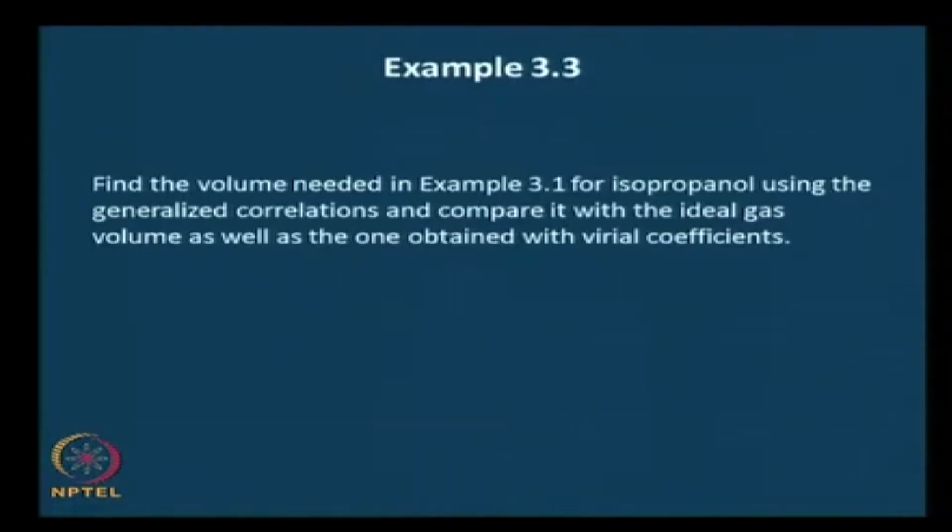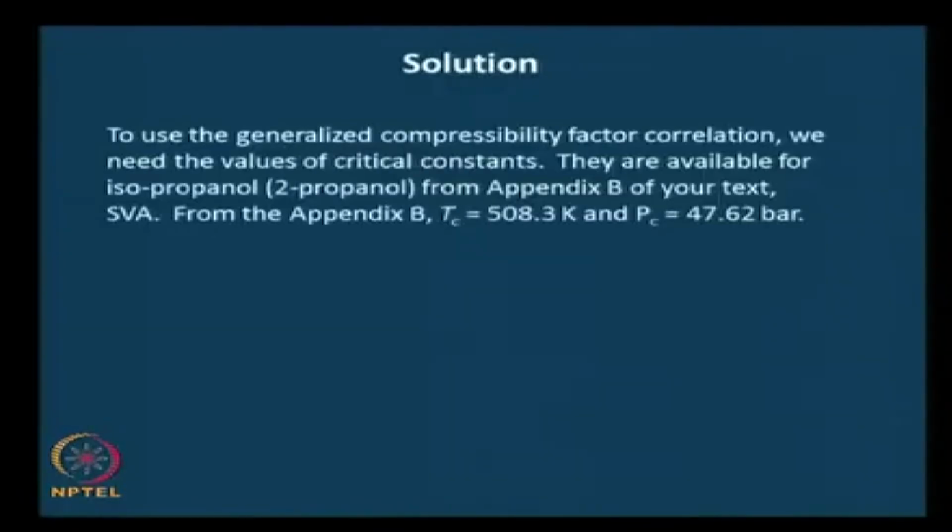I hope you have familiarized yourself with what the generalized correlation is and where you could get the values for isopropanol of Z0, omega and Z1. Let us take a look at part of the solution. To use the generalized compressibility factor correlation, we definitely need the values of the critical constants.